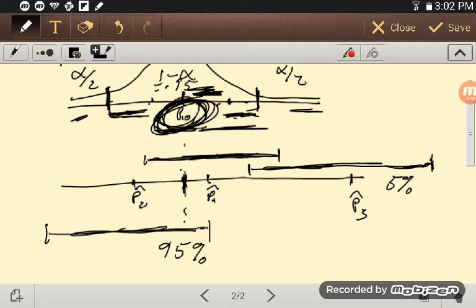I'm 95% confident I got an interval like this one, and 5% chance I got an interval like this one out here. The 95% is good, it contains the right answer. The 5% is bad, it doesn't. And so that's what a confidence interval is doing for us.